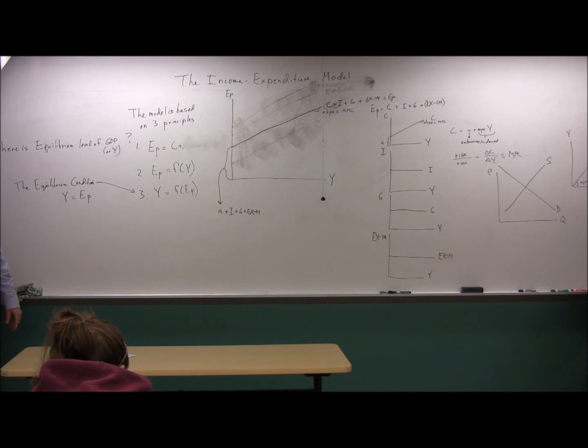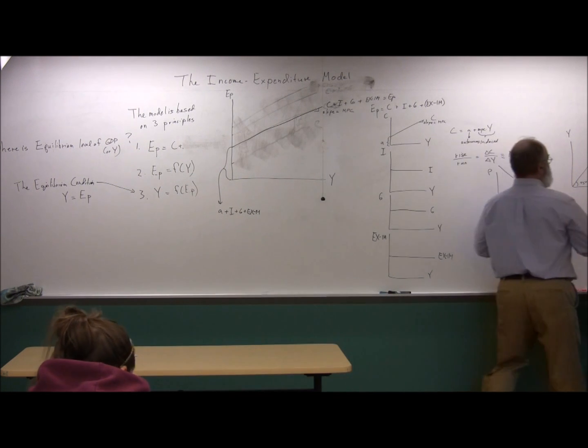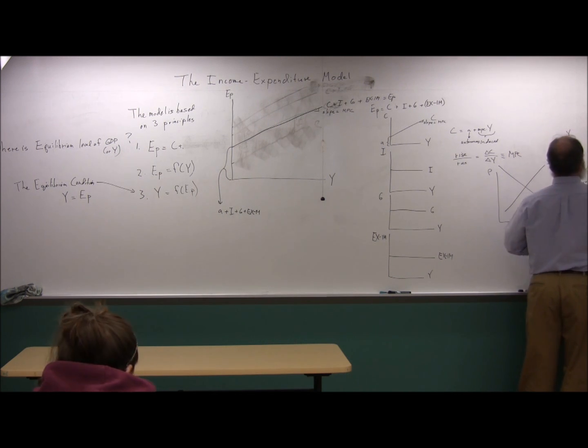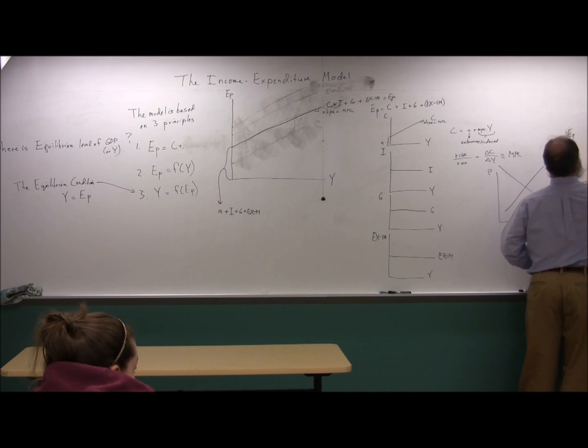Now, let's think about that. Suppose we wanted to graph this. Suppose that instead of X, this was GDP, and instead of Y, this was total planned expenditure.